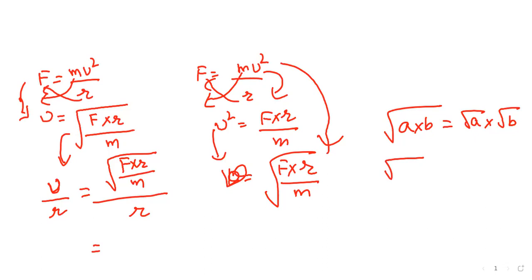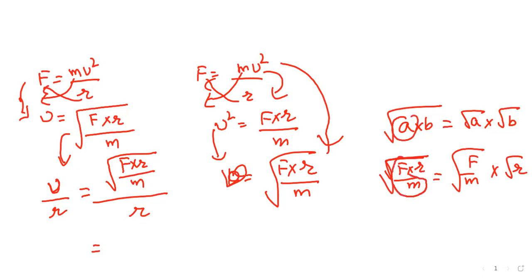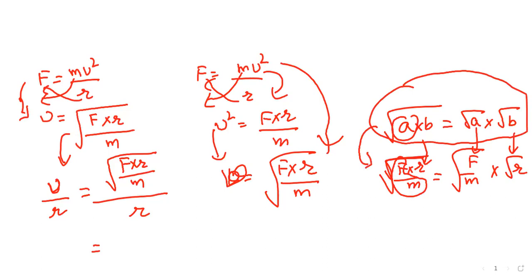So the square root of F times r over m is nothing but the square root of F over m times the square root of r. Why? Because instead of a, I'm considering F over m as a single term a, and b as r. So this is the same thing as the above value. I'm just rewriting it in a different way.